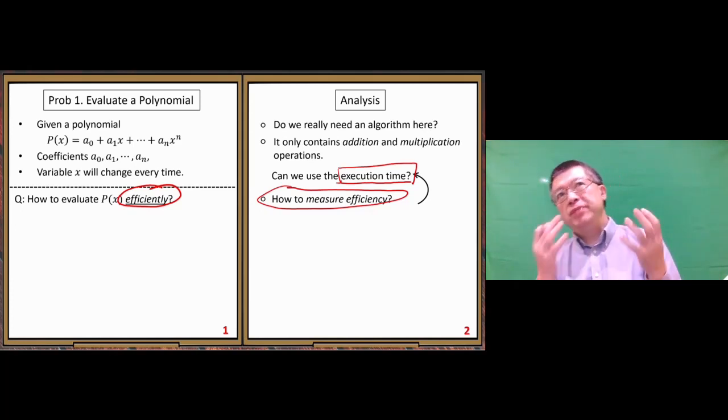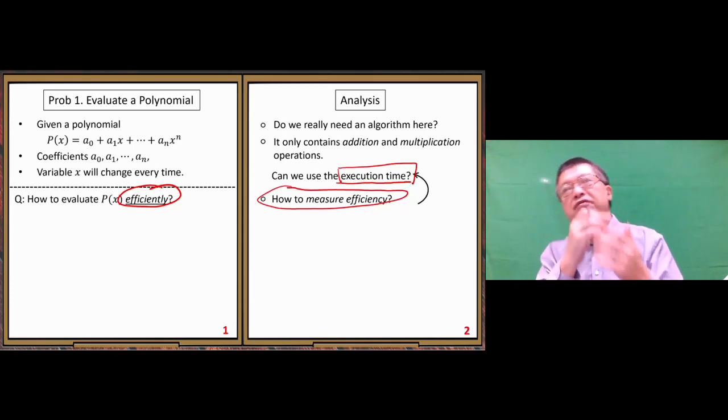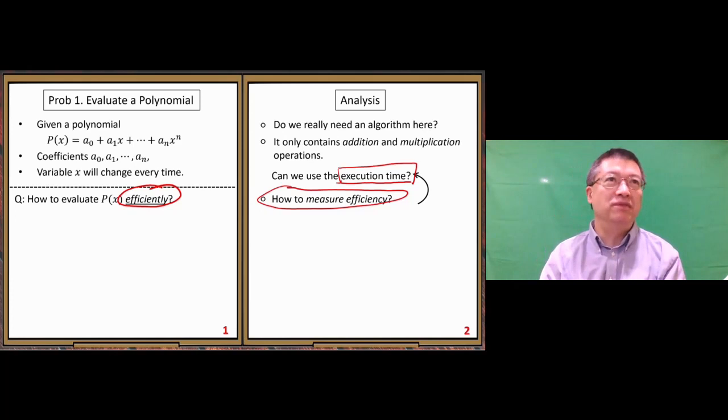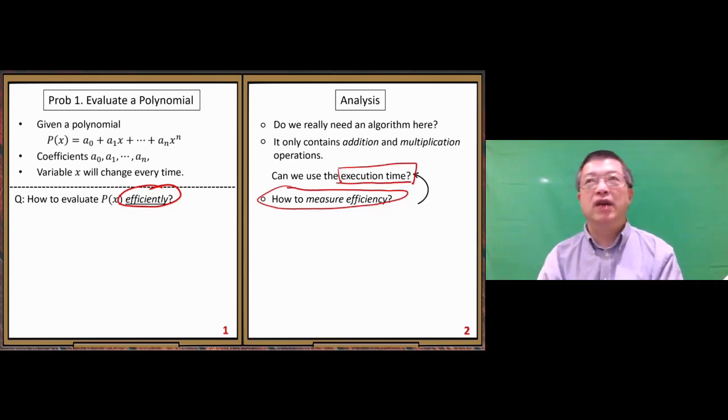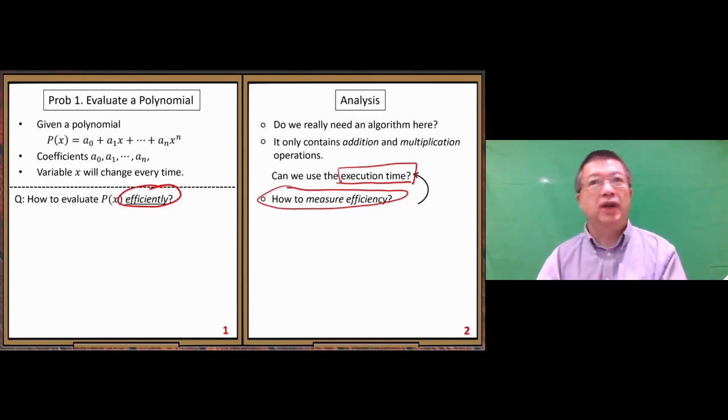Some students may give me 0.005 milliseconds, for example. Another, different. Everyone would give me a different answer. If there is no consistent measure, how do we talk about efficiency? So that's not a good measure, and we should not use that.